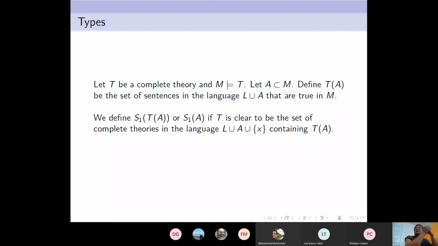So TA is a subset of the complete theory in S1A.